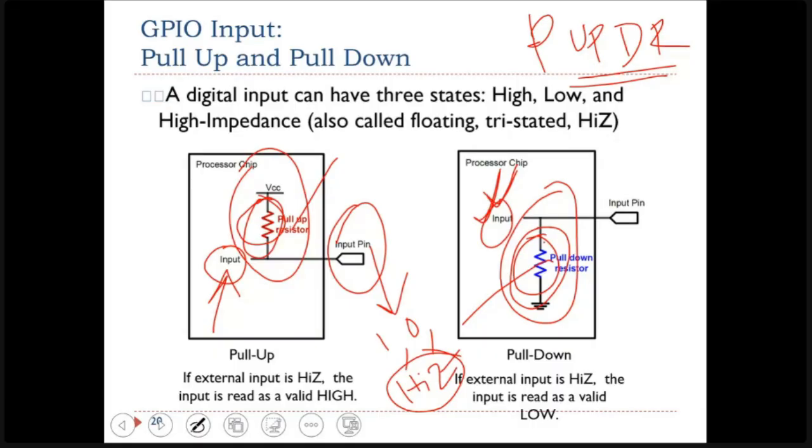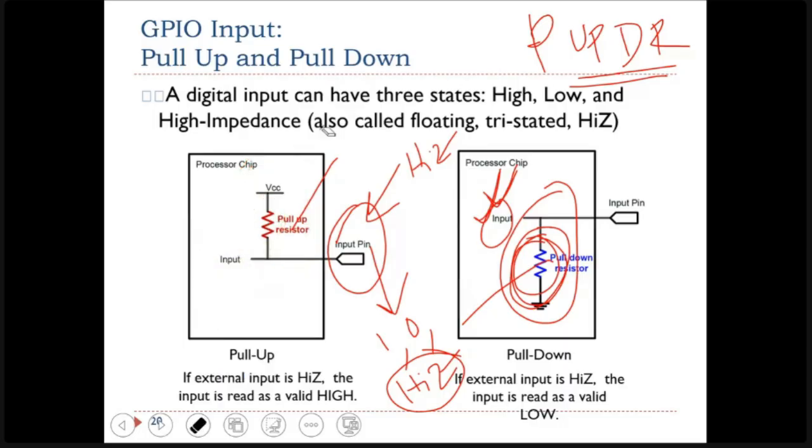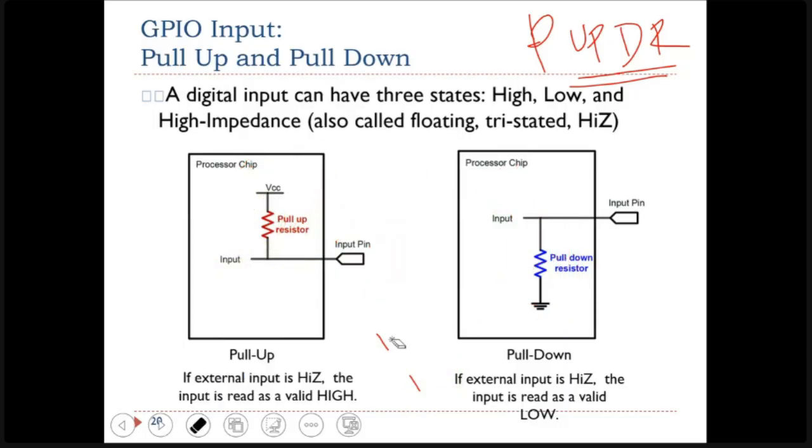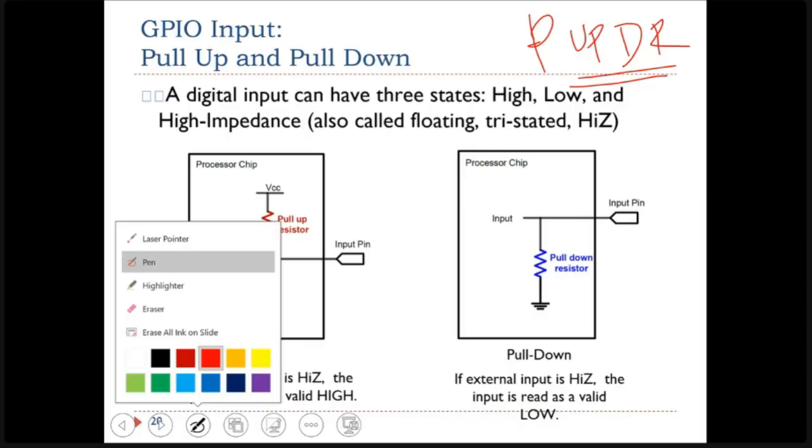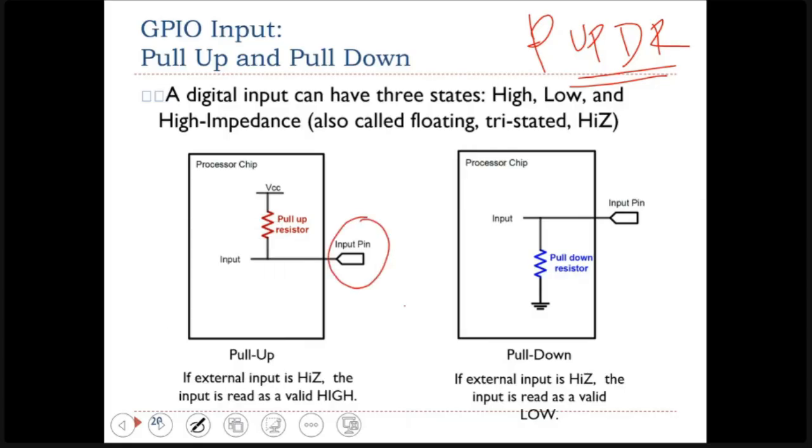If you don't have this pull up or pull down resistor, what happens? If this input pin had a high impedance value, you would also see a high impedance value internally. So if you had a high impedance value at this pin, you would see a high impedance value internally here if you didn't have this pull up resistor.